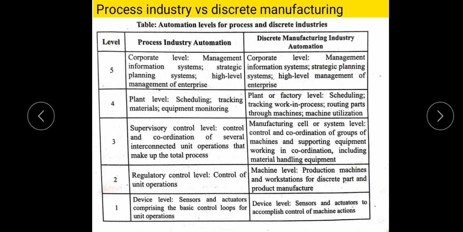The variables and parameters used by the productive operations of the two industries also differ significantly. In the process industries, the variables and parameters tend to be continuous. In discrete manufacturing industry, they tend to be discrete.